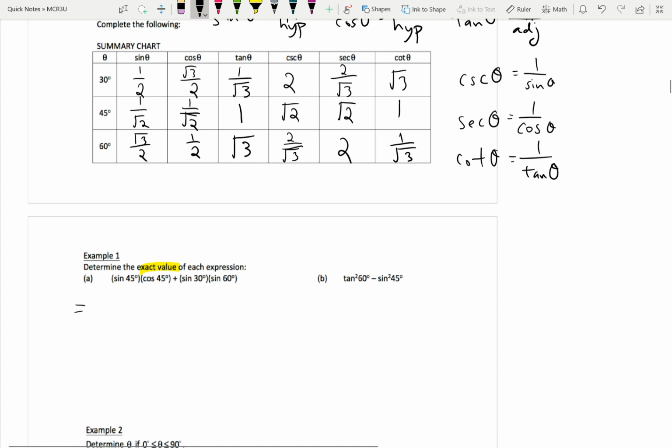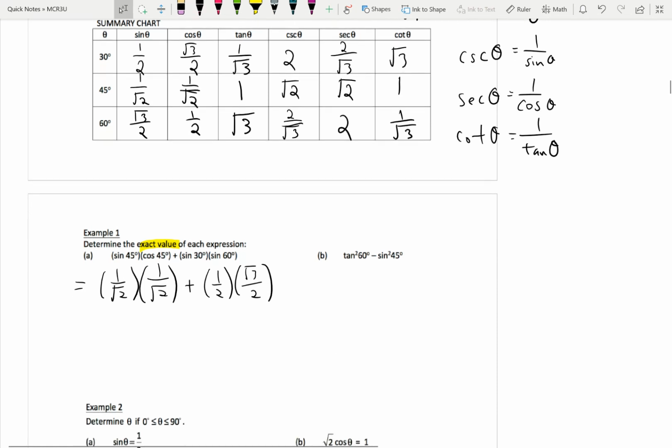I can just reference my chart and I know that that's 1 over root 2. Cos of 45 is also 1 over root 2. Sine 30 is 1 over 2. Sine of 60 is root 3 over 2. So all of this I got from the summary chart.